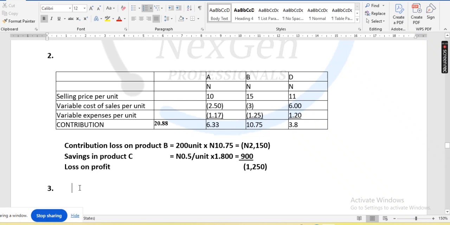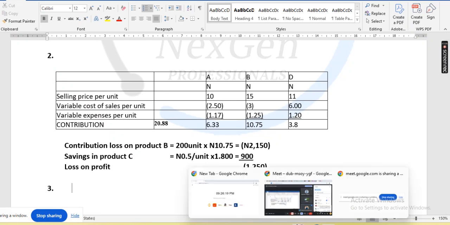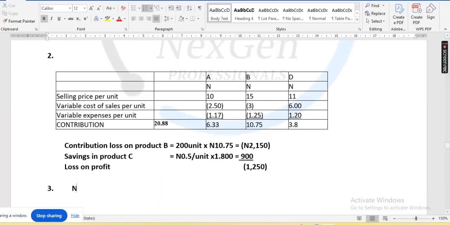So now, in this case, what will be the new contribution for product C as a result of the increase in the selling price, class? Your contribution is your profit. Now, in this case, what will be the new contribution per unit on product C?